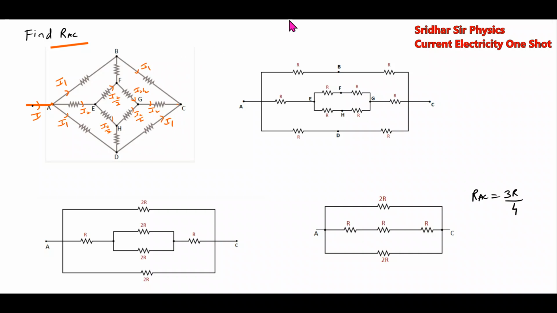No current will flow through these branches. So remove them. Once you remove them, these two are in series, these two are in series. Next, these two are in series, these two are in series, and these two are in parallel, and that effect will be in series. Solving like this.